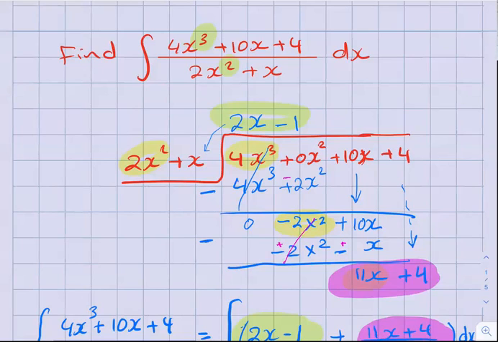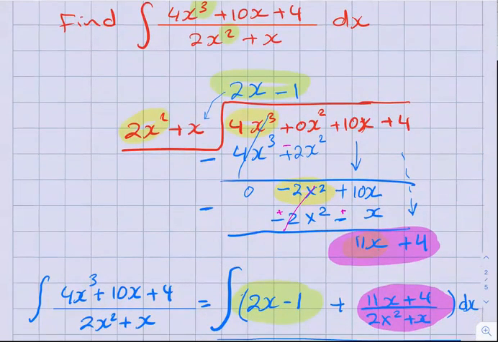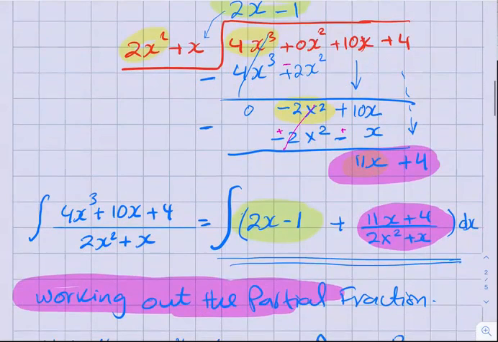So we did the long division here, and we got the quotient 2x minus 1, the green bit here in the answer, and the remainder was the pink one, 11x plus 4. So in the next step, all I did was write the integration in the new form, like the quotient 2x minus 1 plus the remainder 11x plus 4 divided by 2x squared plus x.